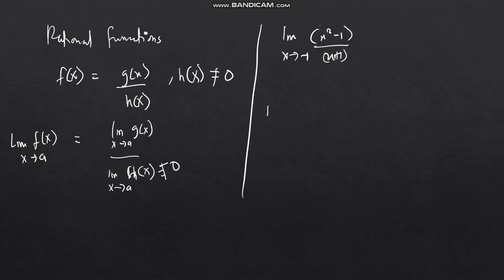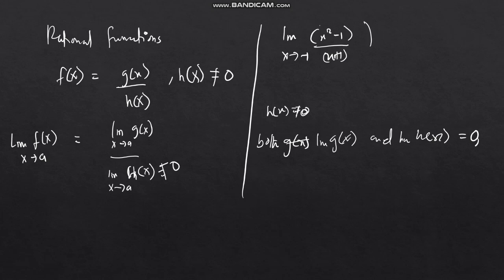If h of x equals zero, or both h of x and the limit of g of x are equal to zero, then that means the numerator and the denominator have a common factor, and you can reduce the function to a smaller form before you take the limits.